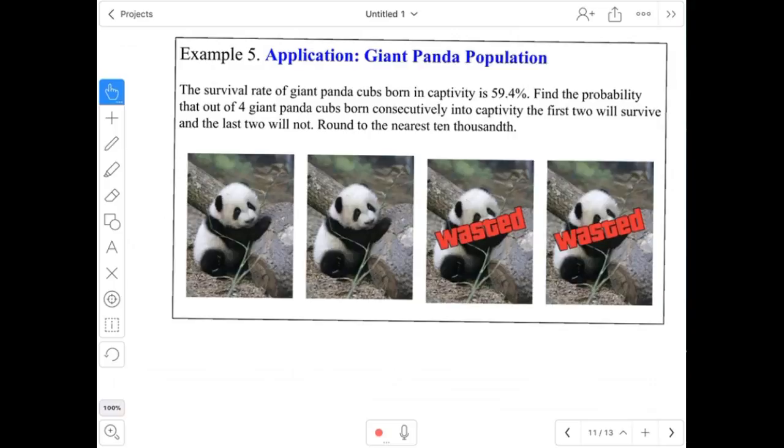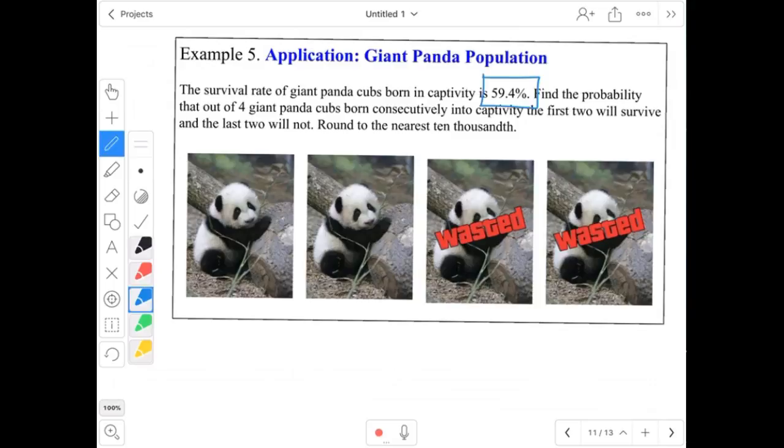Okay, so the survival of 1 cub isn't going to affect the survival of the next, so these as well would be independent. So the probability of them surviving, let me switch to a pen.